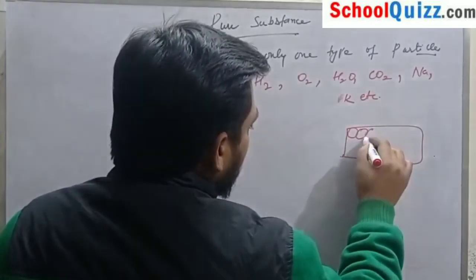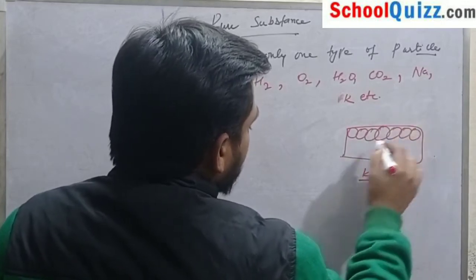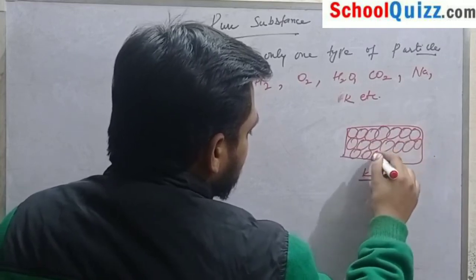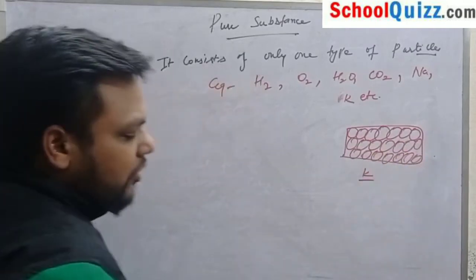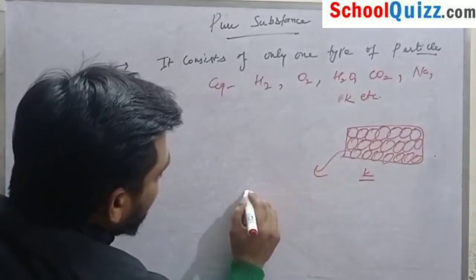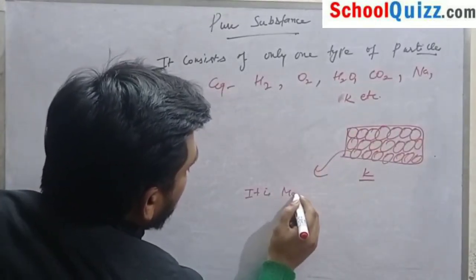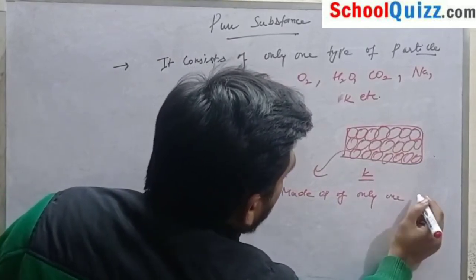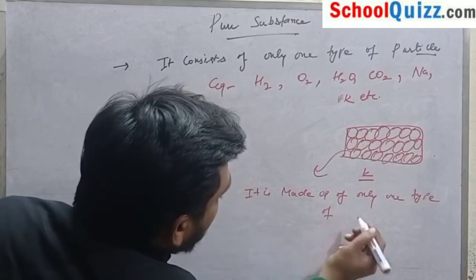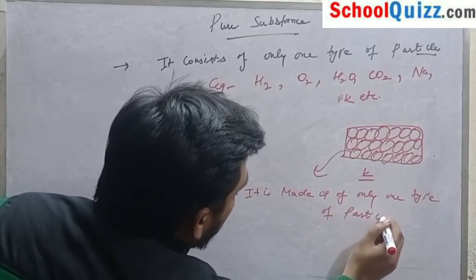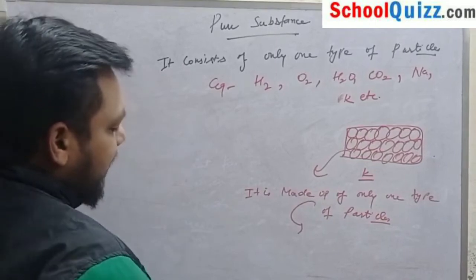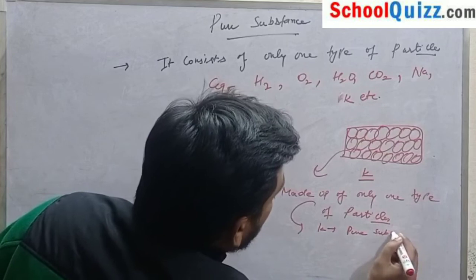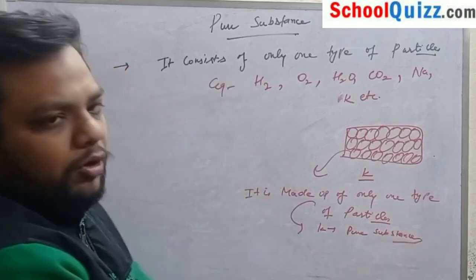Here all atoms are of potassium, so it is made up of only one type of particles. So we can classify potassium as a pure substance.